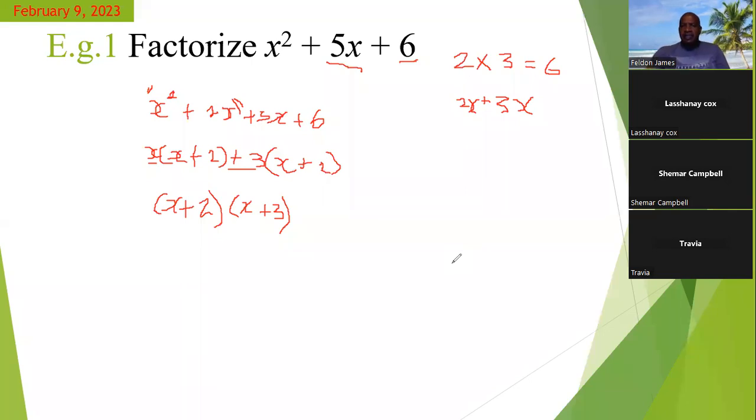Now, that's the first technique that we will apply when we are looking at case 1 of the quadratic. When we're looking at case 2 of the quadratic, we will have to apply a different technique. But why do we use this technique for case 1? Now, remember that when we expand brackets, we multiply them out, we get x times x, we get x squared.